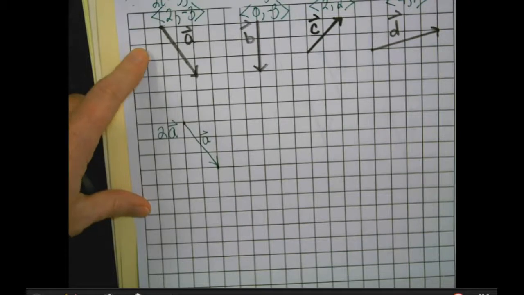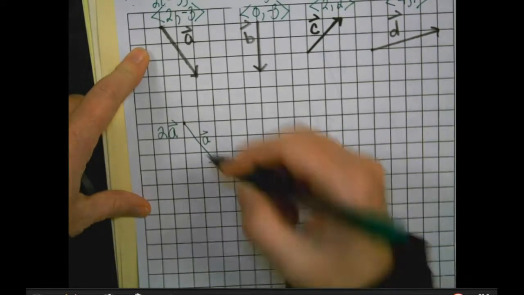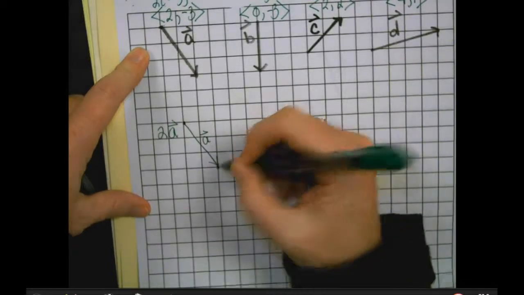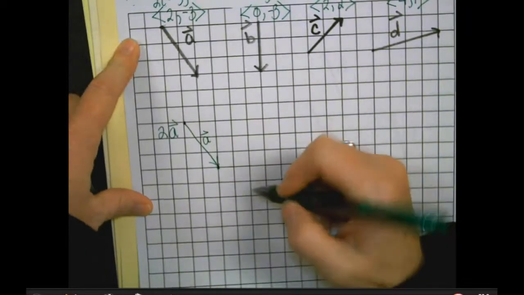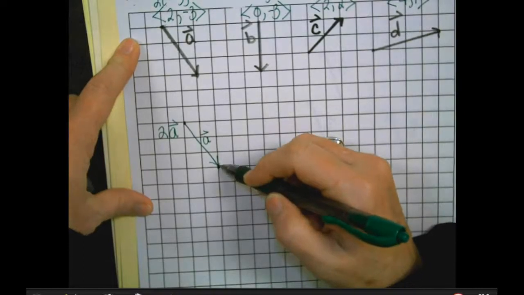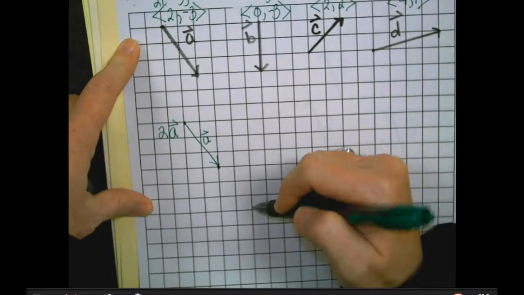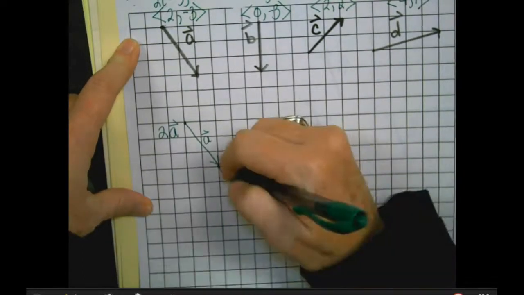So what do I do next to get 2 times this? Let's draw it first of all, okay? To draw it, I'm going to go over 2 and down 3. Now I have 2 of them.